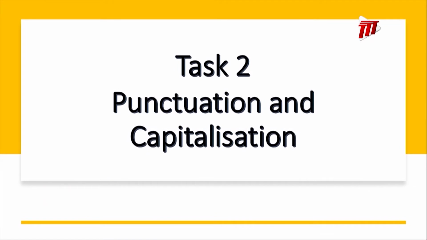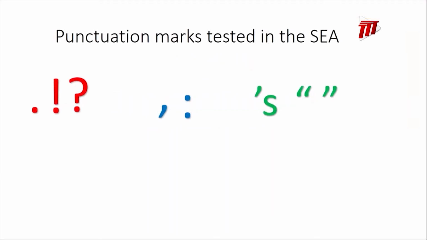Hi, and welcome back as we continue to explore section 1 of your ELA paper for SEA. In this section now, we are going through task 2, which deals with punctuation and capitalization. How excited are you? We're looking at punctuation marks that are tested for SEA, and marks like full stop, your exclamation point, your question mark, your comma and your colon, your apostrophe, and of course your quotation marks.